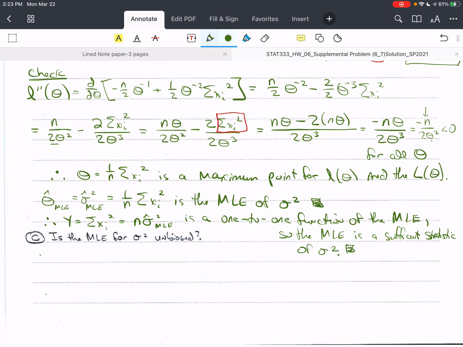All right, is the MLE of σ squared biased or unbiased? Now, here is how we do this. E of θ hat MLE equals E of σ hat squared MLE is equal to E of 1 over n sum of xi squared, and when we have the normal distribution, please do not go to the integral.